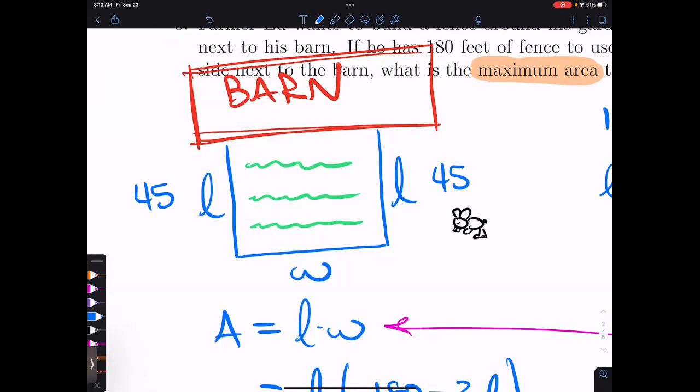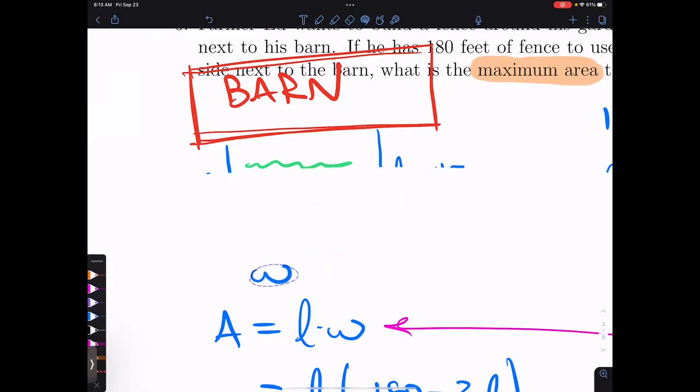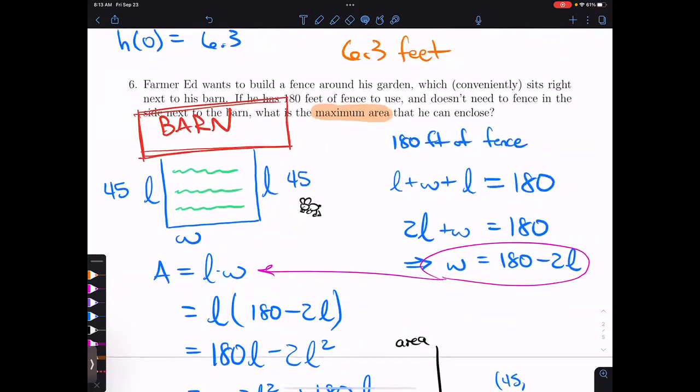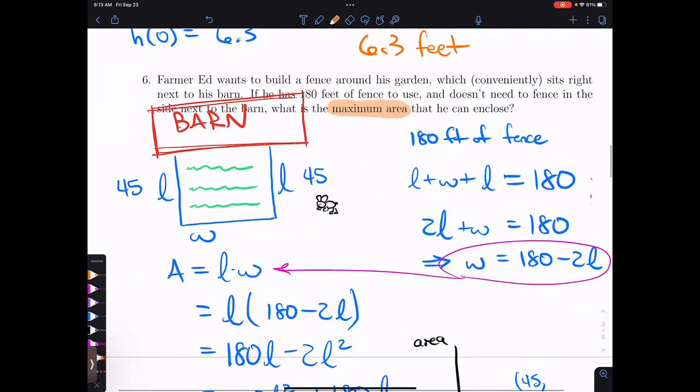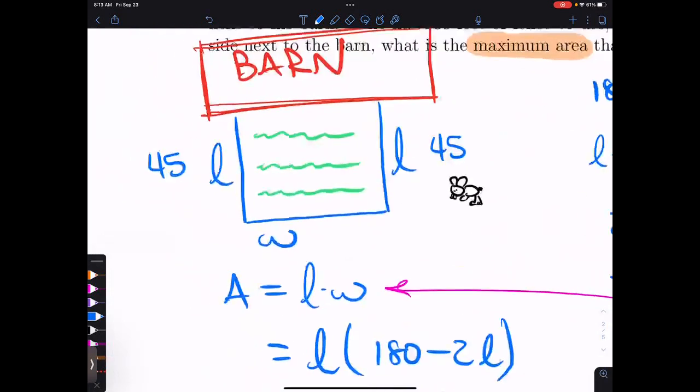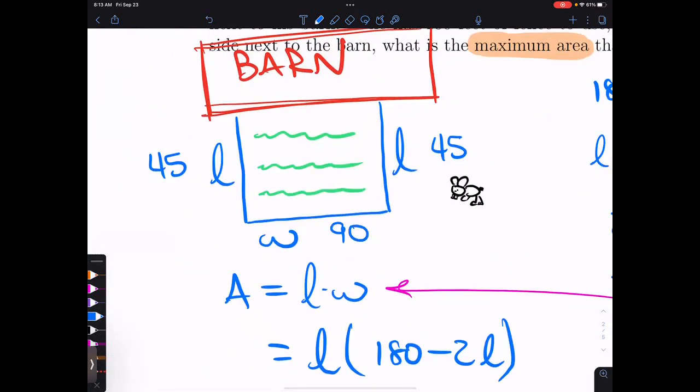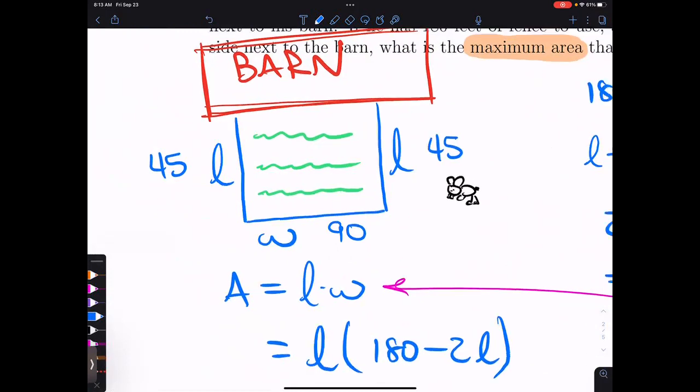So what do we need to get the area? Subtract those two to get the other side, right? We had how much fence to begin with? 180. So what's left over for W? 90. Okay, so this should be 45 feet by 90 feet, right? Those would be the dimensions.